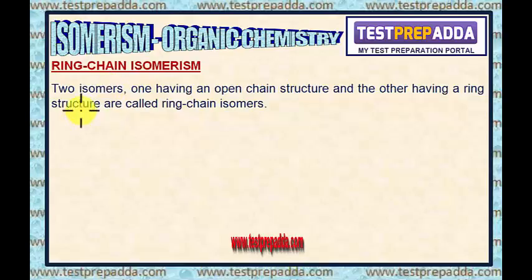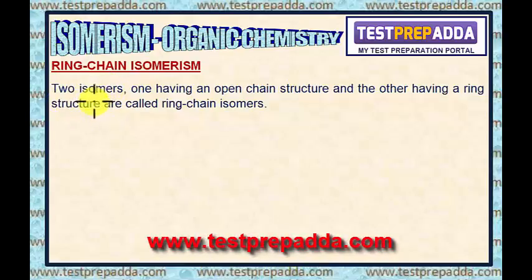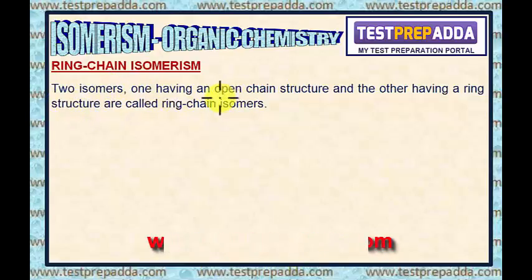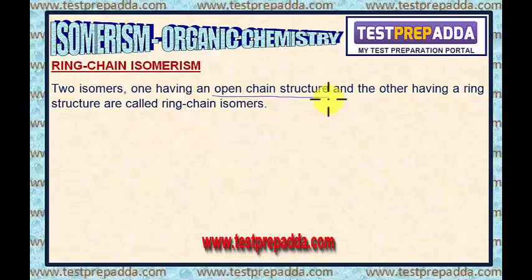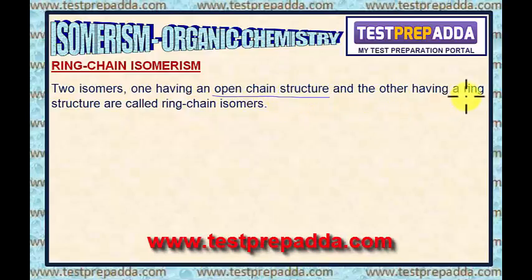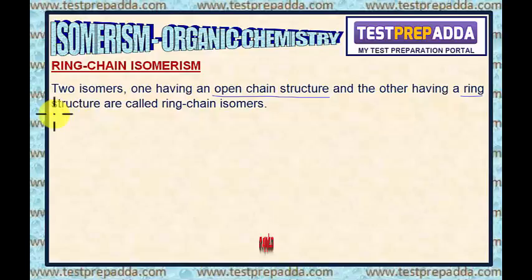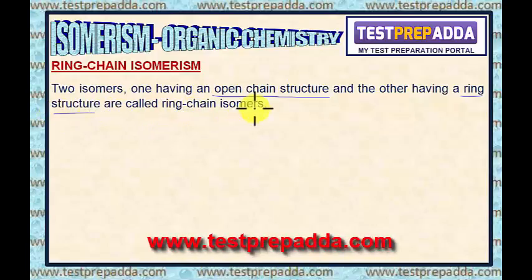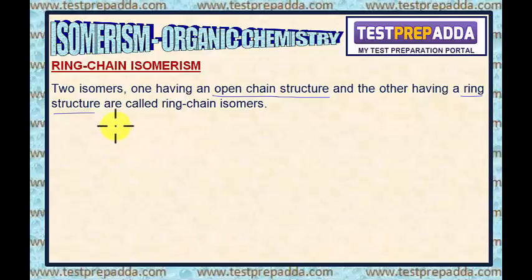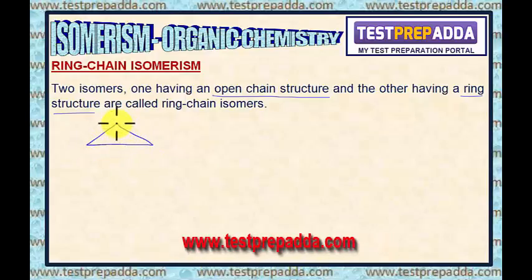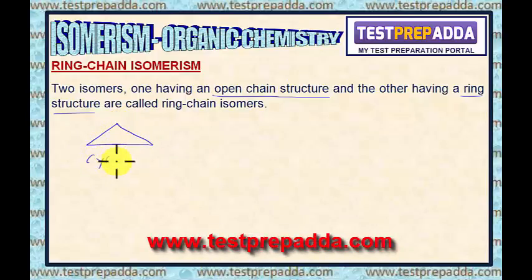Ring chain isomerism. Two isomers, one having an open chain structure and the other having a ring structure, are called ring chain isomers. If I write, for example, cyclopropane.